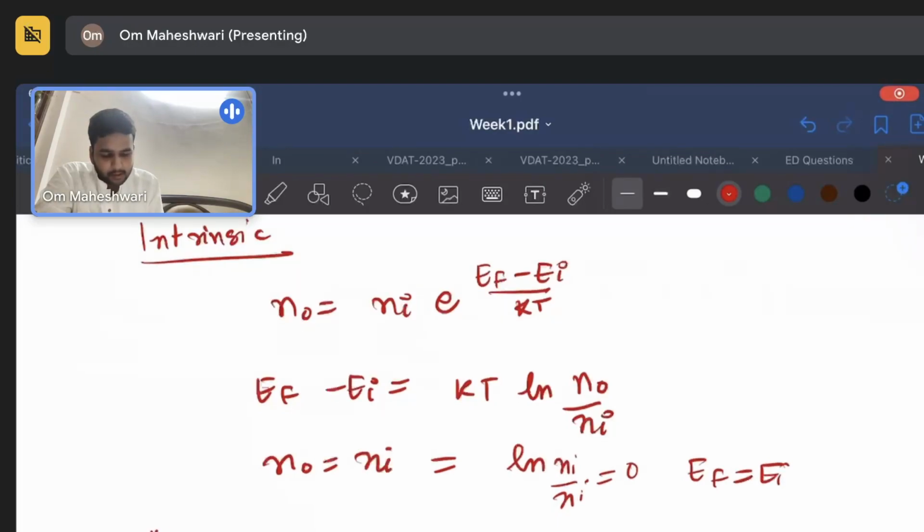But for extrinsic, we have EF minus EI equals KT ln, now instead of N0 we have ND here, right? ND by Ni. So EF equals EI plus KT ln ND by Ni. We have this here.